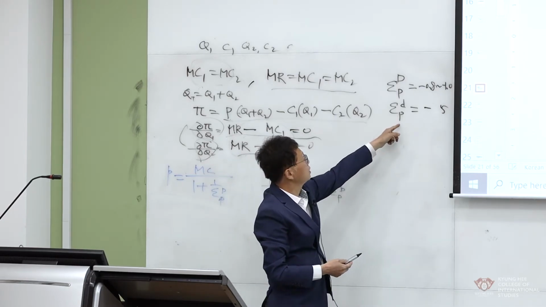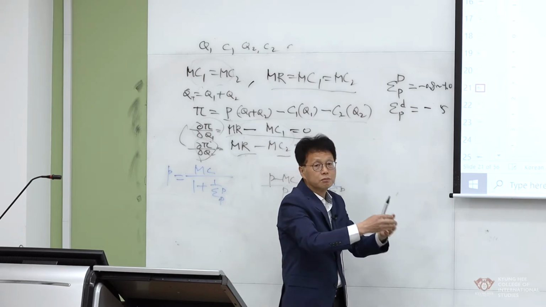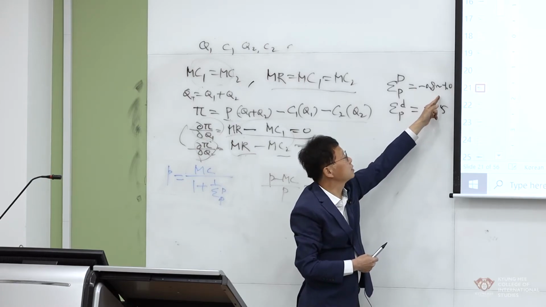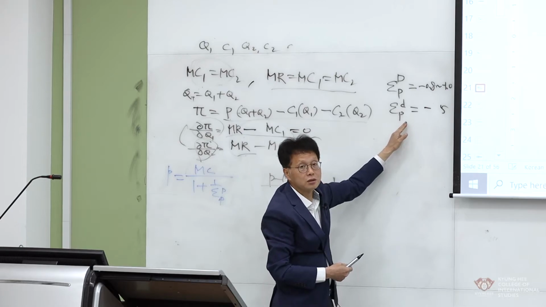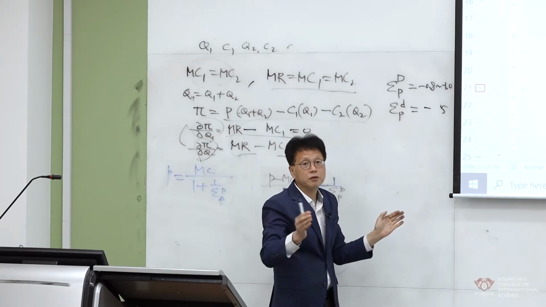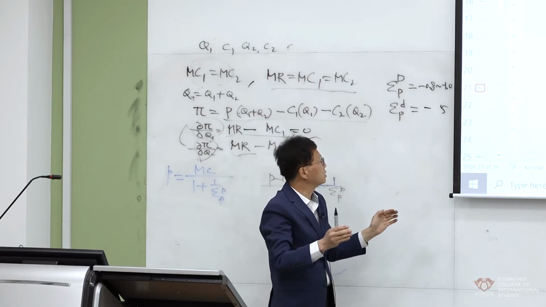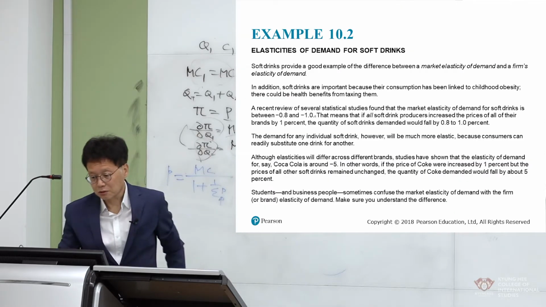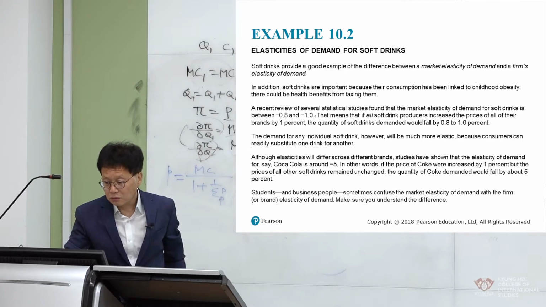So this means that if all firms increase their price, the quantity demanded decreases by this smaller amount. This says that if one firm increases its price by 1%, and other firms do not increase their price, no change, then demand for the brand that raises its price decreases greatly. Okay? That is example 10.2.